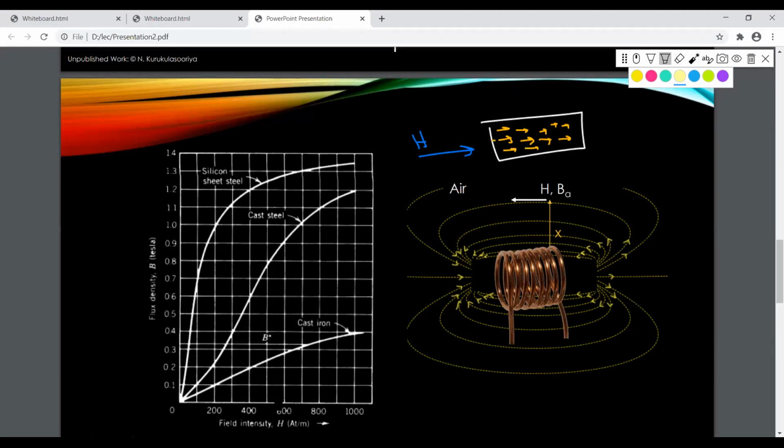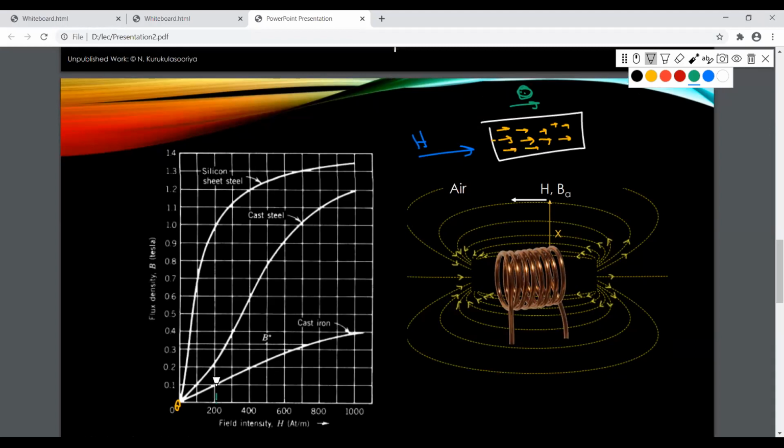If you start from the ampere turns 0, initially the magnetic field value would be zero, yes, the magnetic flux within the material would be 0, right?